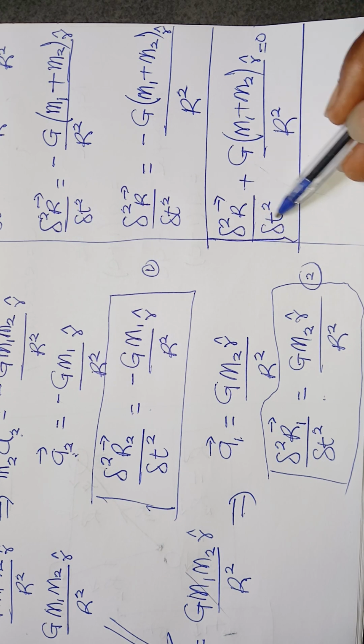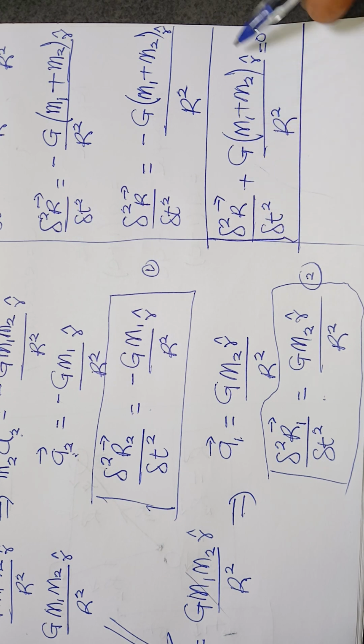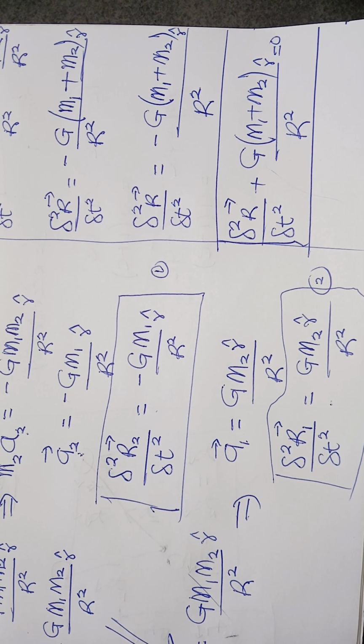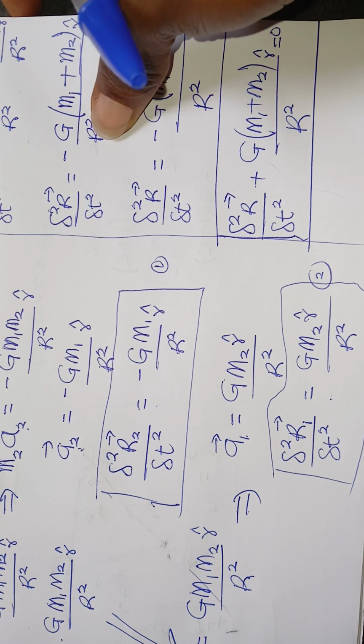The d squared r, dt squared plus G (m1 plus m2) r roof divided by r squared is equal to 0. It is a Herculean task, but we give it a try, and we are going to prove it.